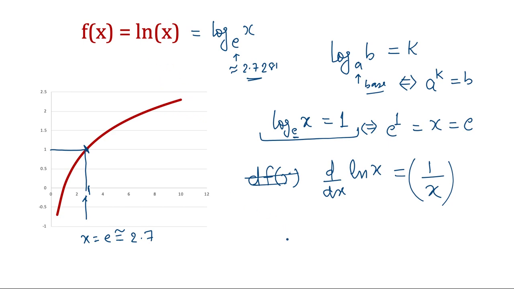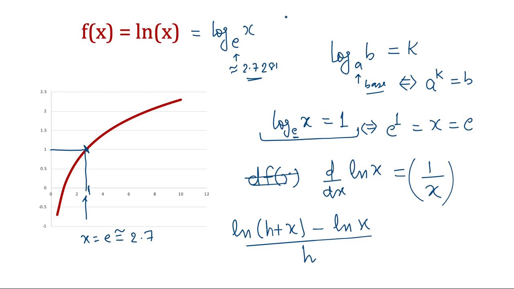You can prove it as well by expanding this term. So we will find ln(h plus x) minus ln of x, divided by h. This is the derivative from first principle.